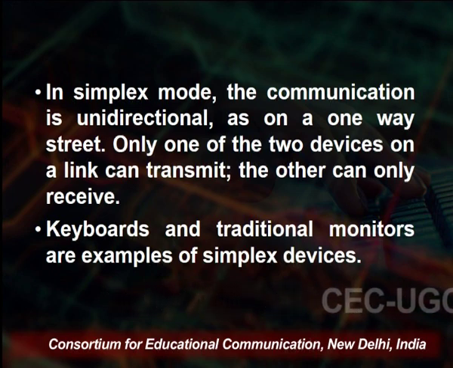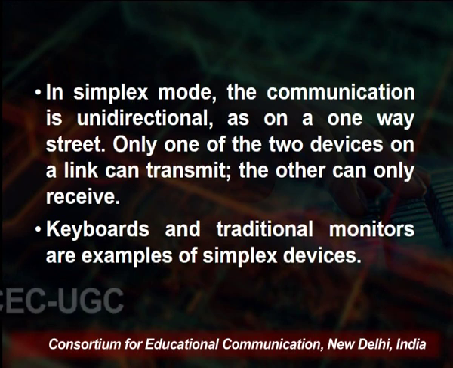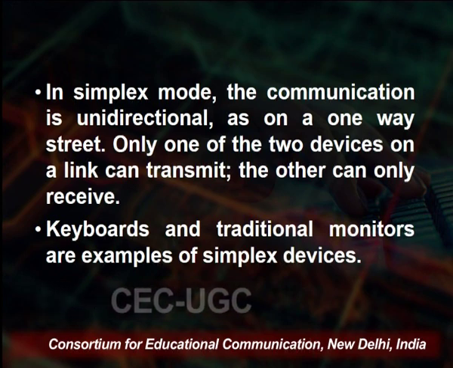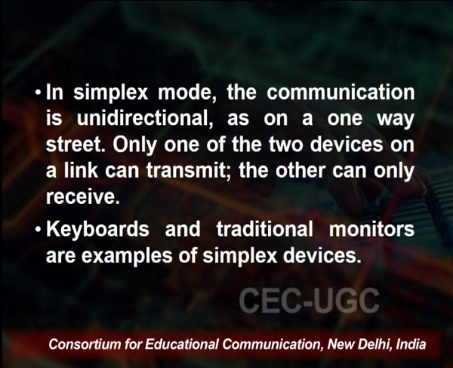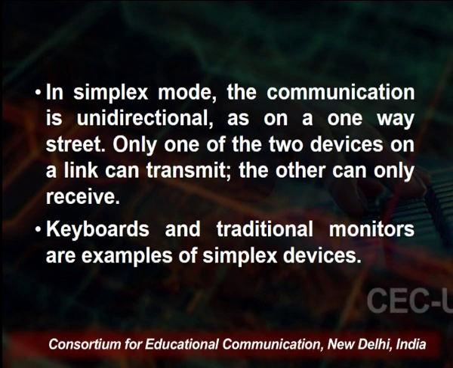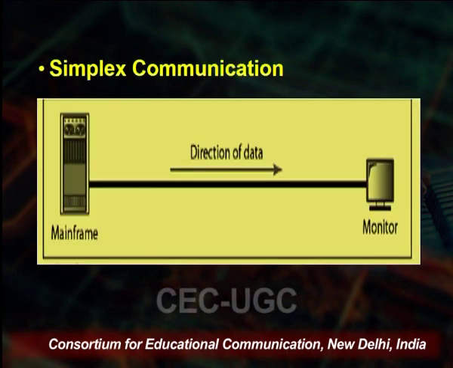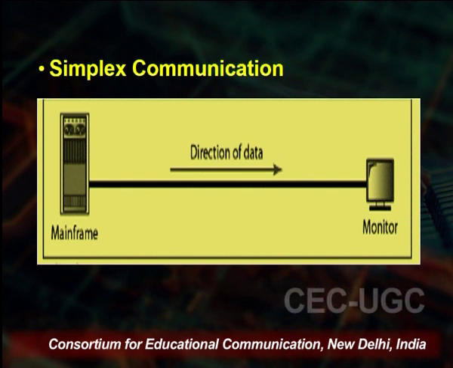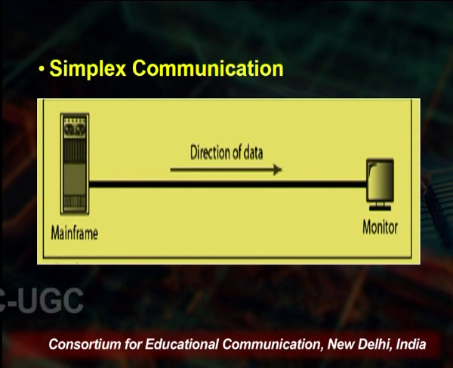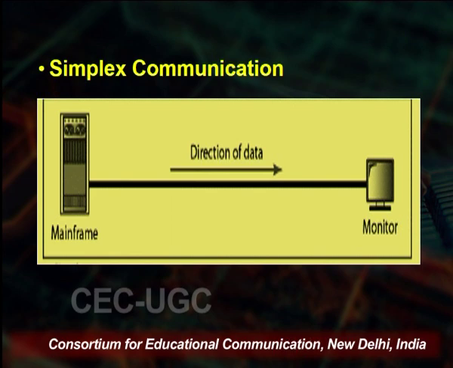Either one of the 2 devices in the link can transmit, the other one can only receive. That is why I have named the sender as the mainframe, while the receiver is named as the monitor. The monitor is not going to generate or send any data. As far as the mainframe is concerned, yes, it is generating a lot of data and sending it to the monitor.